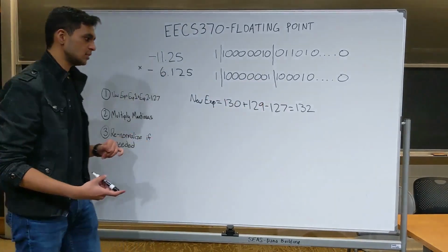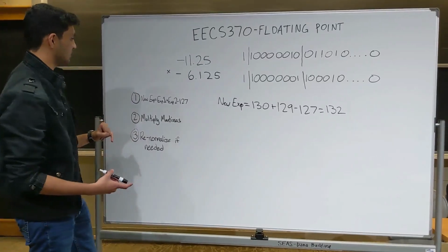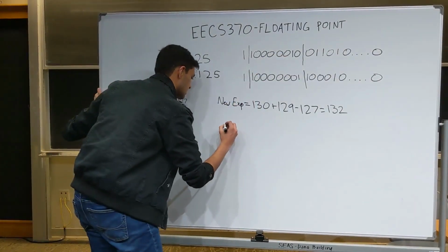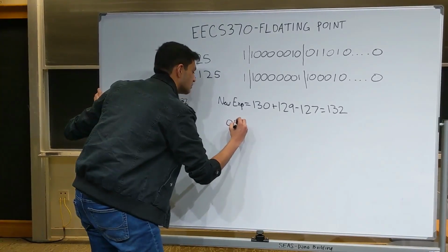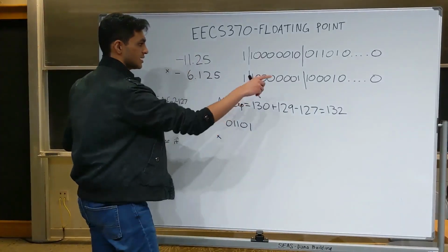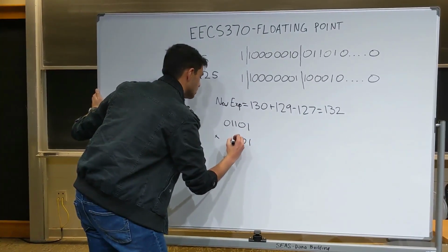Great, now that we've done that, we move on to step 2, which is taking the mantissas and multiplying them. So we take the mantissa of the first number, 0, 1, 1, 1, and we multiply it by the mantissa of the second number, which is 1, 0, 0, 1.